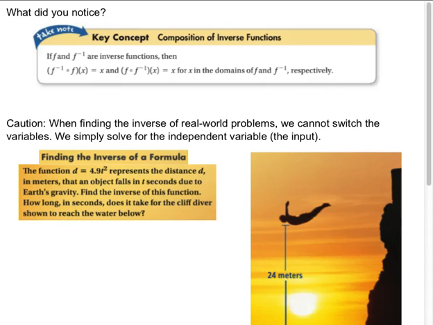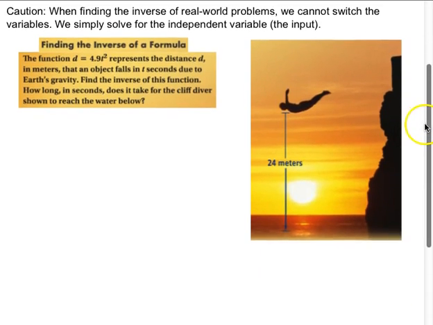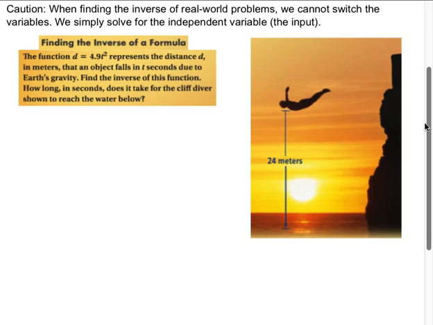Now, one last thing. When we're dealing with real world functions, you can't just flop the variables and resolve. What you really have to do is get the independent variable by itself, and that'll create the inverse function. So what I'm talking about here is we have this function d equals 4.9 t squared.